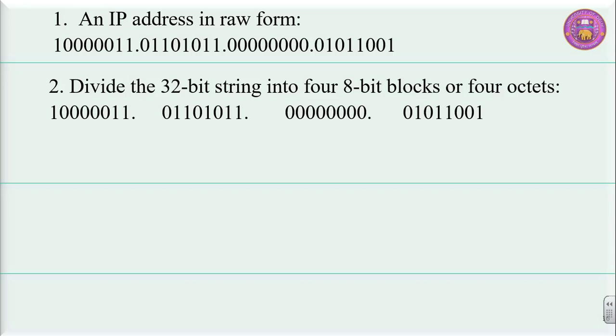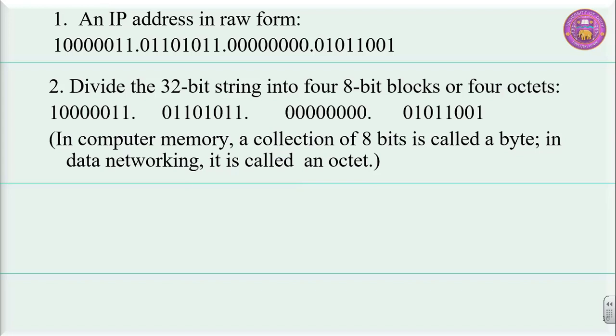It means in a combination of 8 bits, we will have one block. So we divided 32 bits into 4 blocks, and each block consists of 8 bits. In computer memory, a collection of 8 bits is called a byte. In data networking, it is called an octet. So a group of 8 bits will be termed an octet.